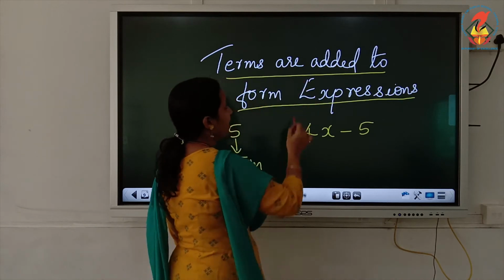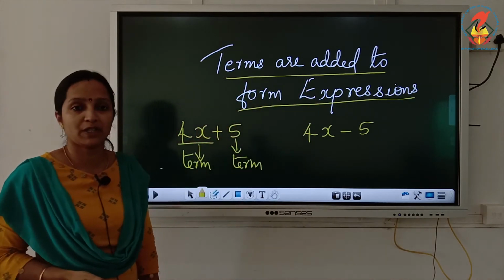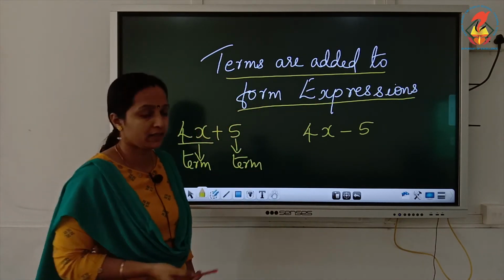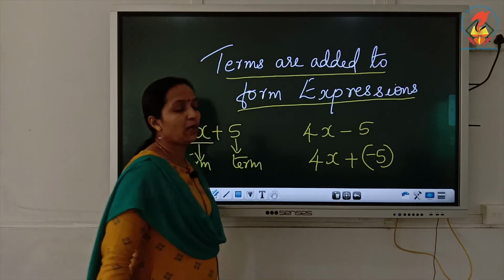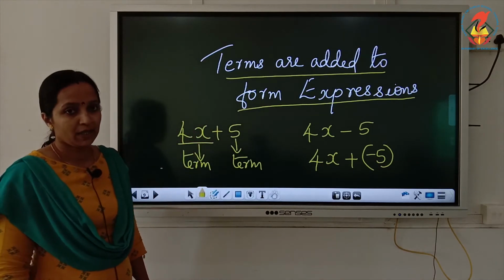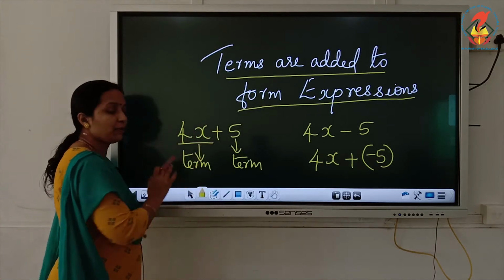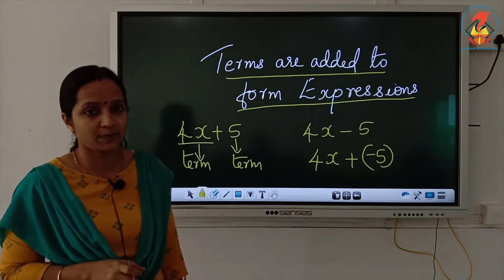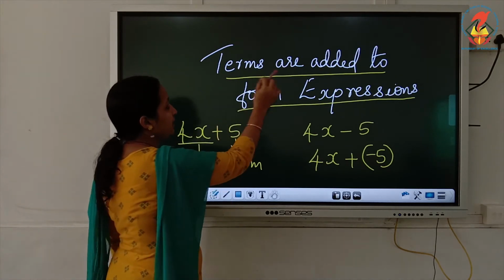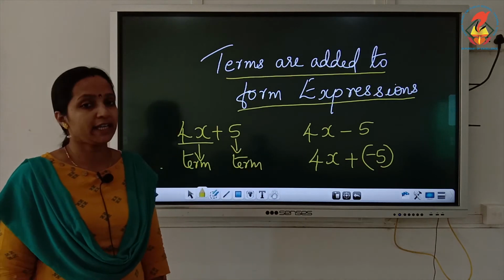That's why we are saying terms are added to form expressions, not added or subtracted. This is nothing but 4x plus negative 5. This negative sign belongs to the second term. So, these expressions have parts in them, and these parts are called terms of the expression, and terms are added to form expressions.